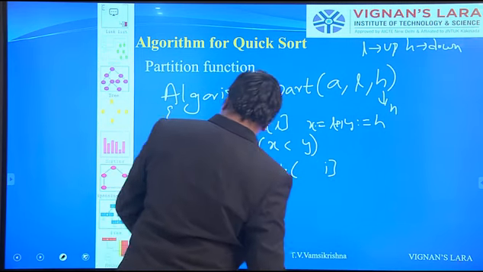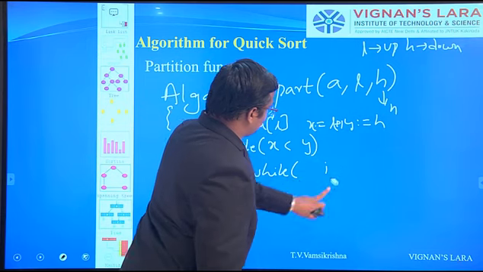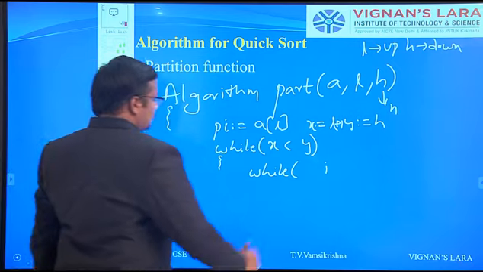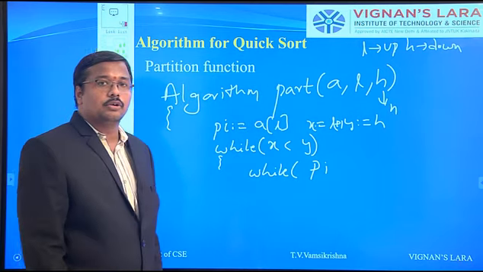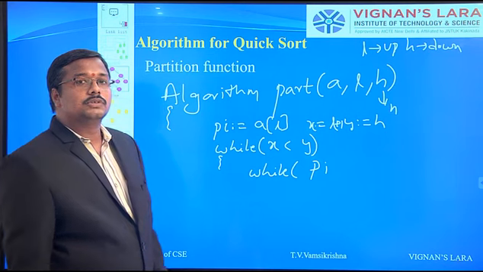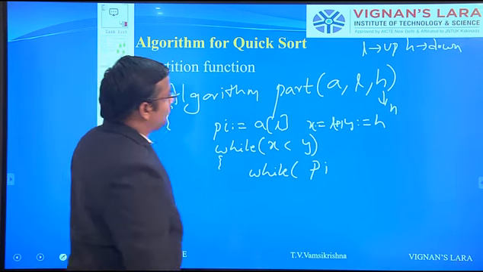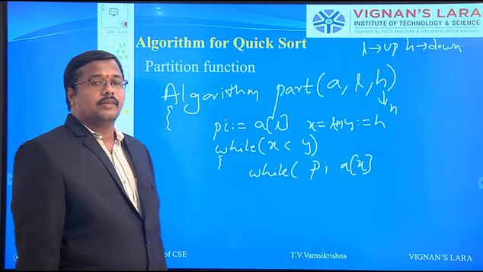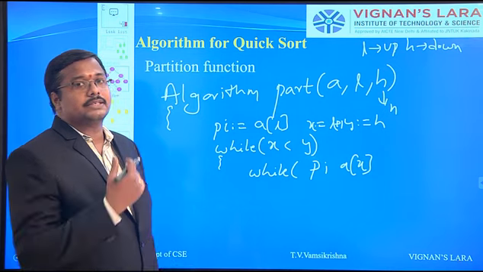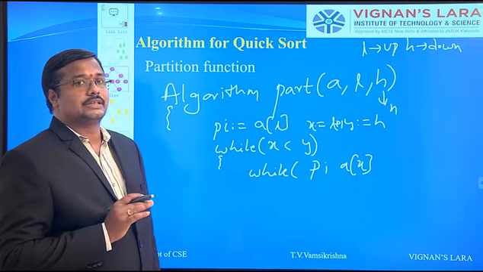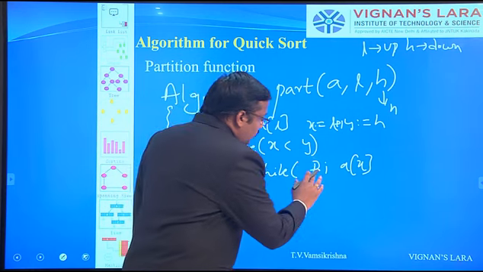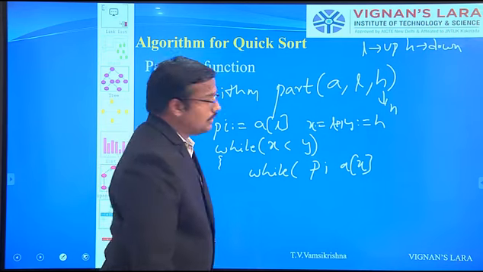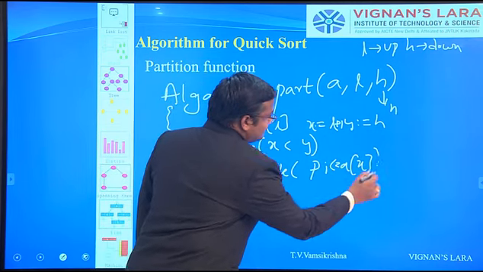Comparatively, pivot, what to do? We need to compare pivot and A of X. When we are moving to the next position, the condition is true: pivot compared with A of X should be less, meaning less than or equal to.